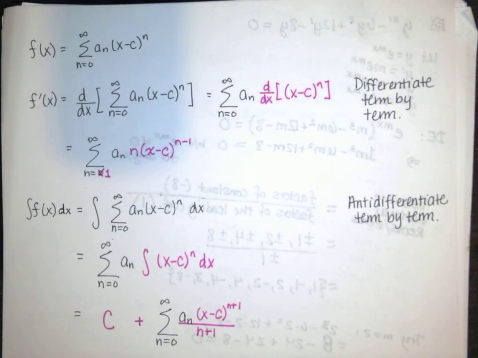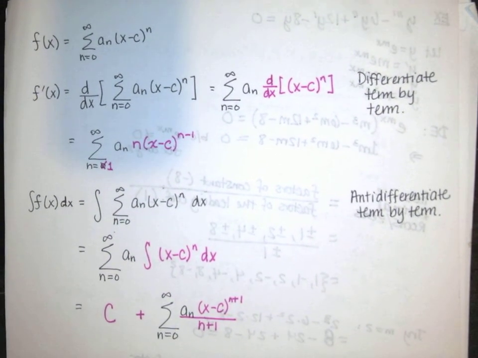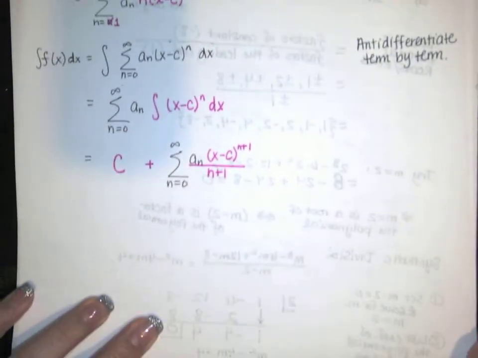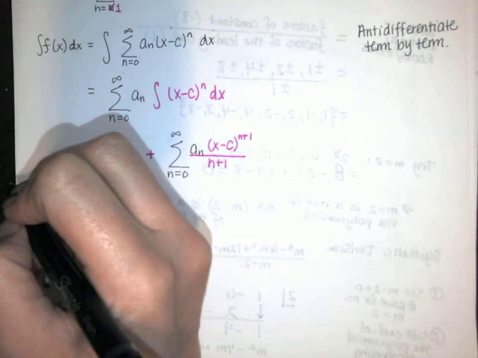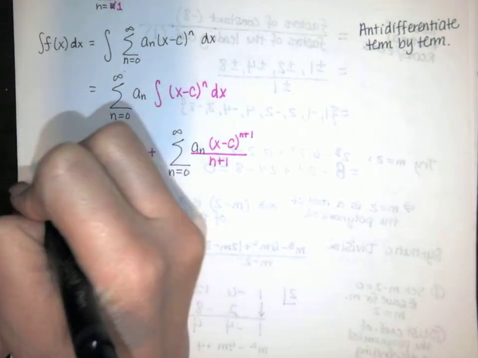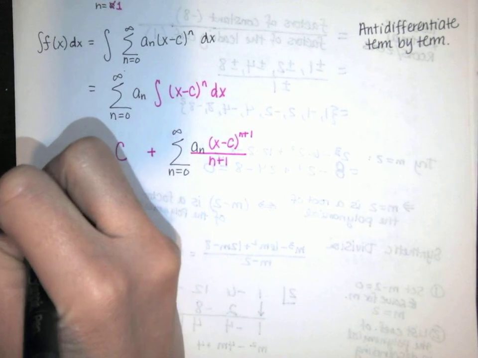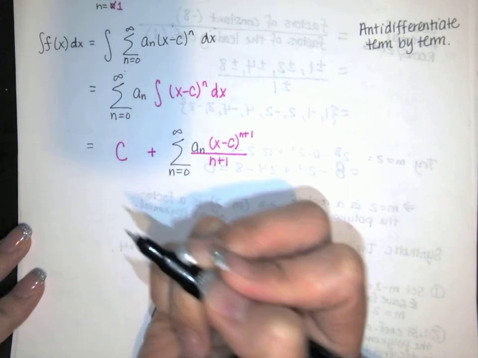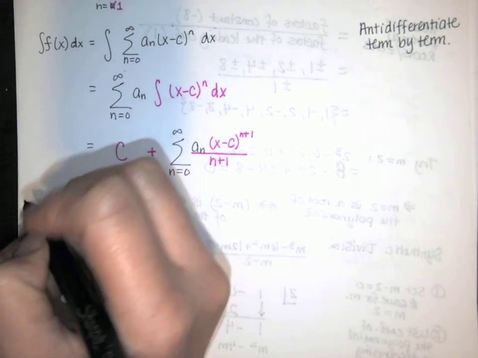Okay, so those are our rules for antidifferentiation and differentiation. It looks hard, it looks much worse than it is. We should also talk about convergence.